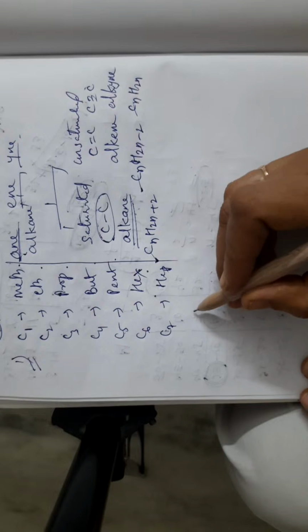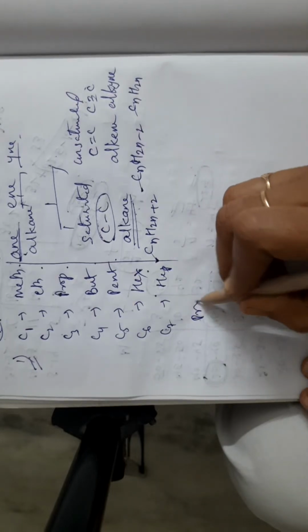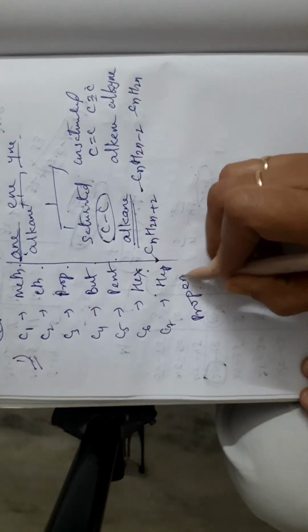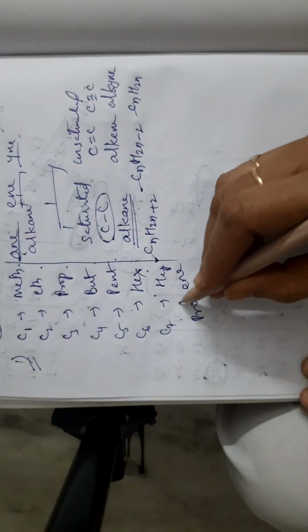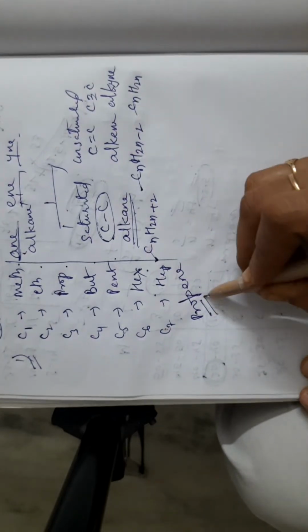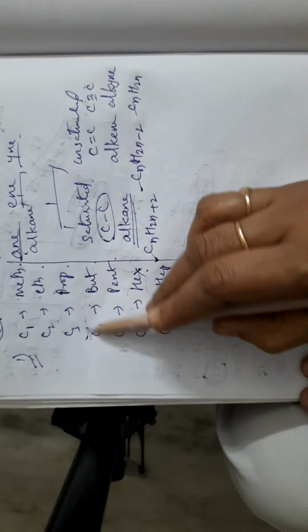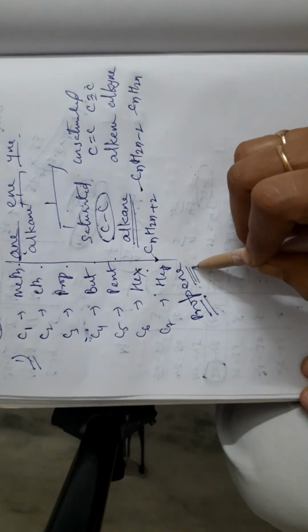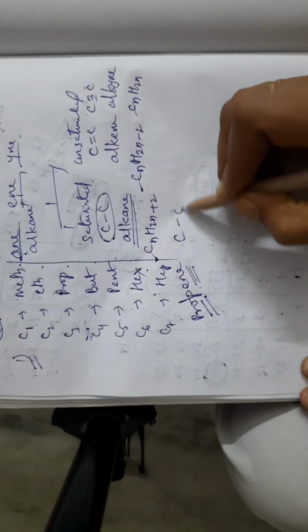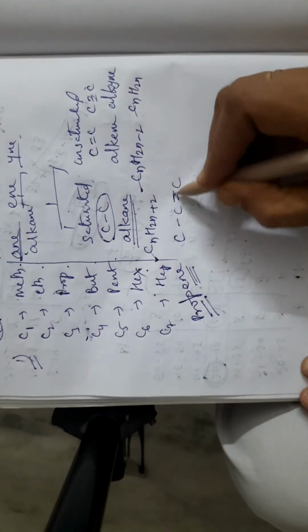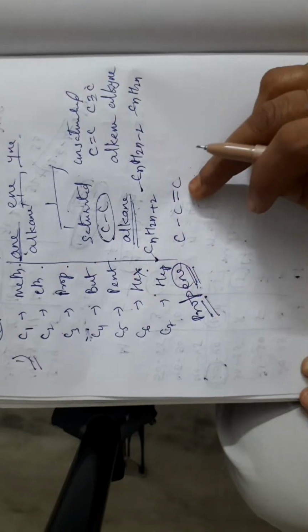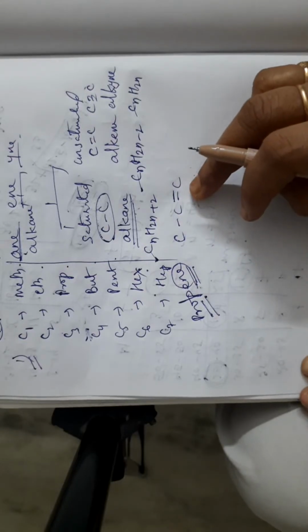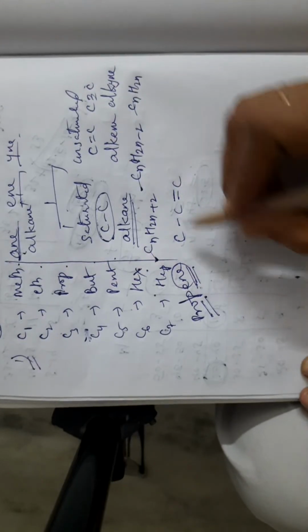Like if they ask to write the formula of propene, we need to divide it into 2 parts, prop and ene. Prop stands for 3 carbons. And then ene means there is a double bond. So we'll have 3 carbons with a double bond between them. Now you need to satisfy the number of hydrogens.